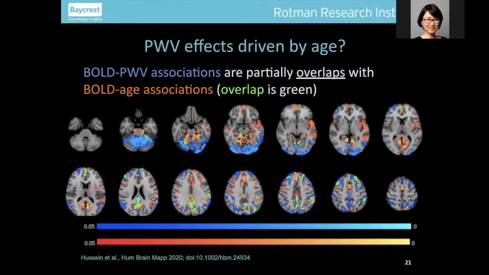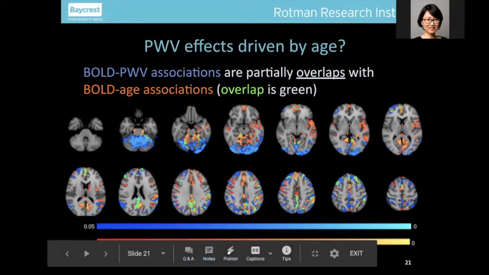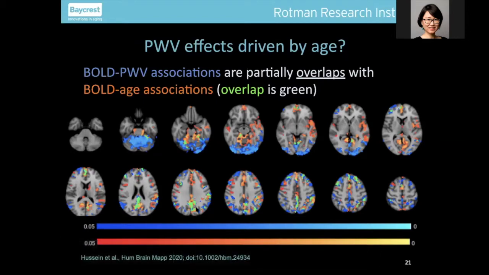So the green represents regions in which the arterial stiffness effects on the BOLD signal overlap with the age effects on the BOLD signal. So again, this midline here, which is the hub region, the posterior cingulate, shows up again as being both affected by age and arterial stiffness.